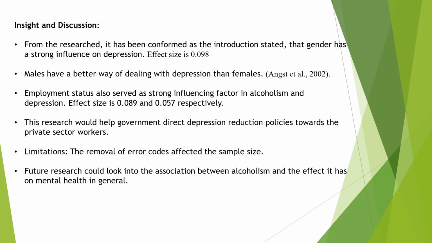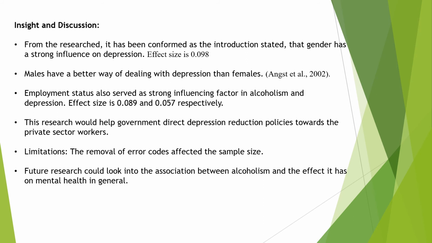Now, what have we discovered so far from our research? We can see that we have confirmed that gender has an influence on depression, such that females are more depressed than males. And this is due to the reason that according to Ant et al. in 2002, when she did the analysis, she realized that most females had fewer tactics or methods of dealing with depression, unlike males.